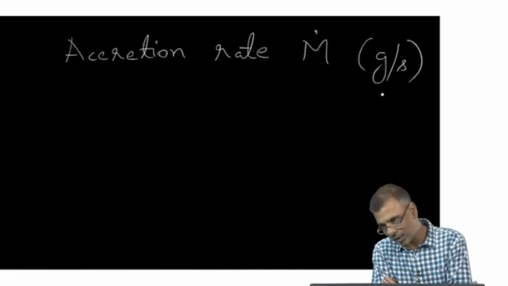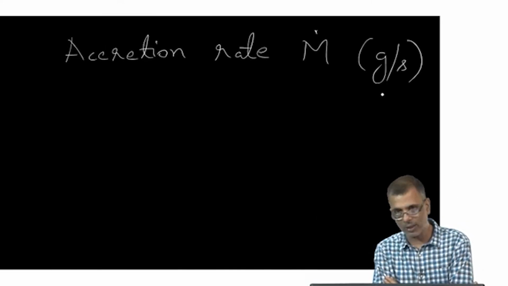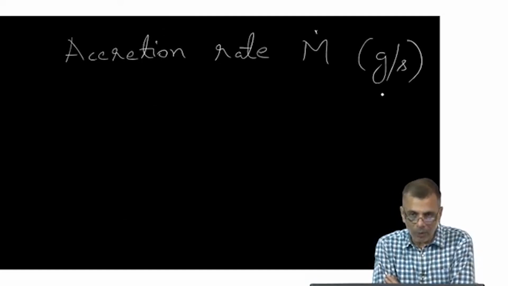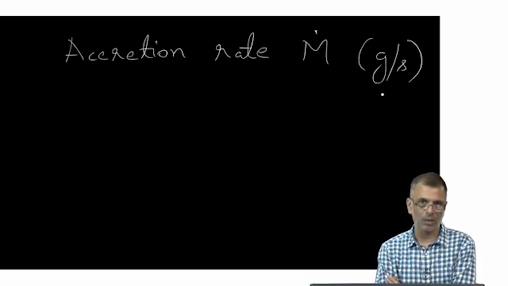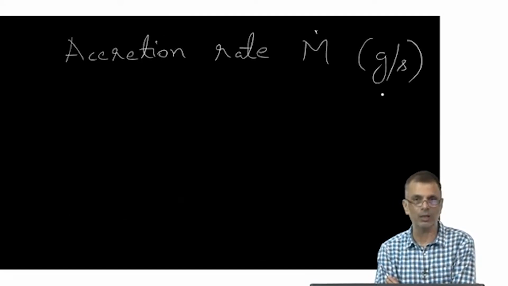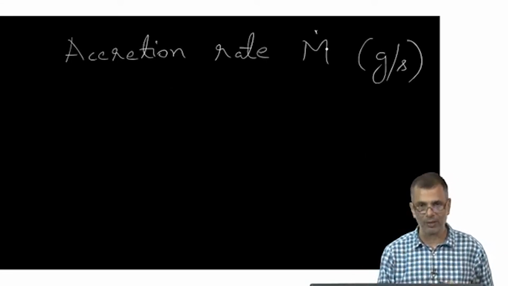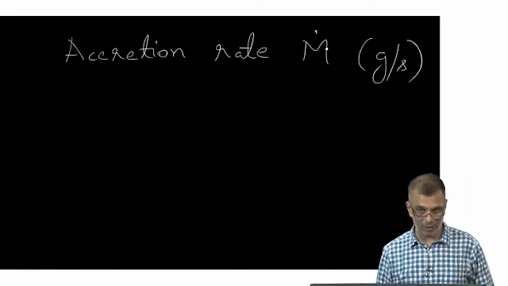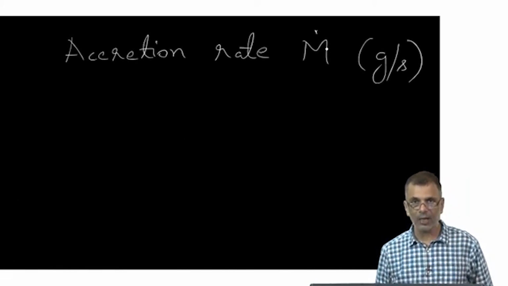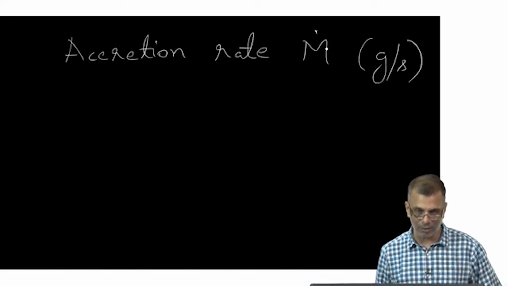The next thing we talked about is, you accrete one proton and you release so many ergs of energy. How about you accrete many protons? In other words, how about you increase the accretion rate? Well, attractive as it might sound, there's a limiting value to the accretion rate.